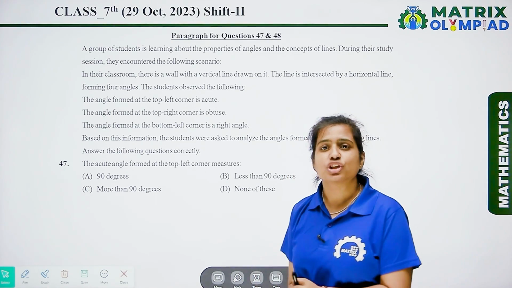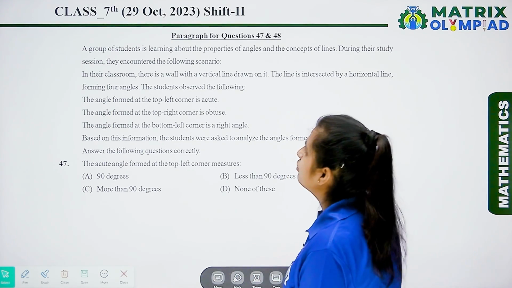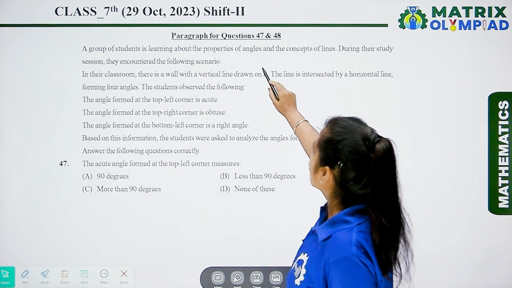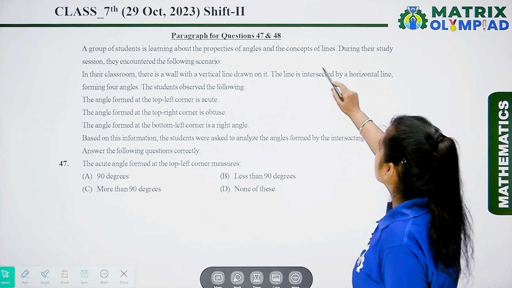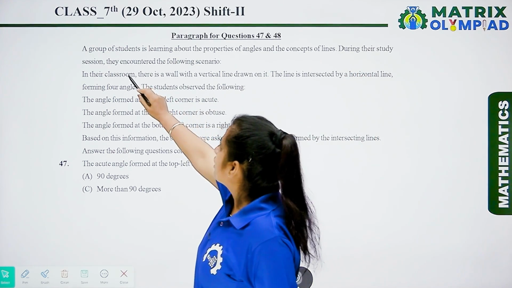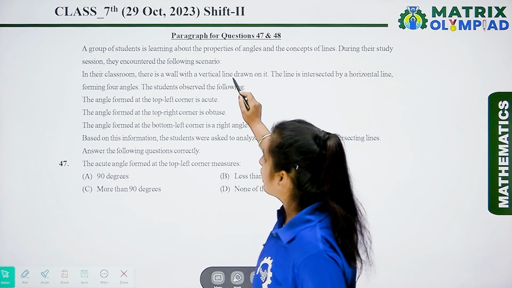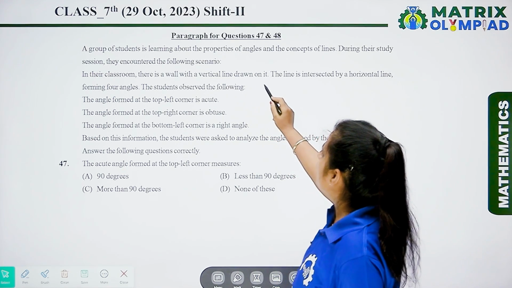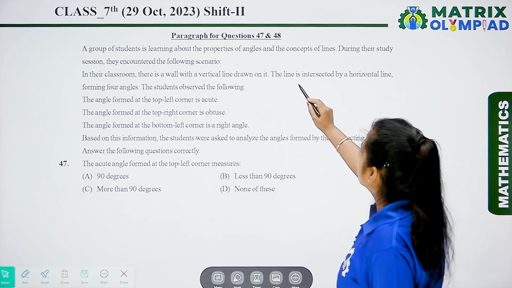Now the next question is based on the paragraph. A group of students is learning about the properties of angles and the concepts of line. During their study session, they encountered the following scenario. In their classroom, there is a wall with a vertical line drawn on it.